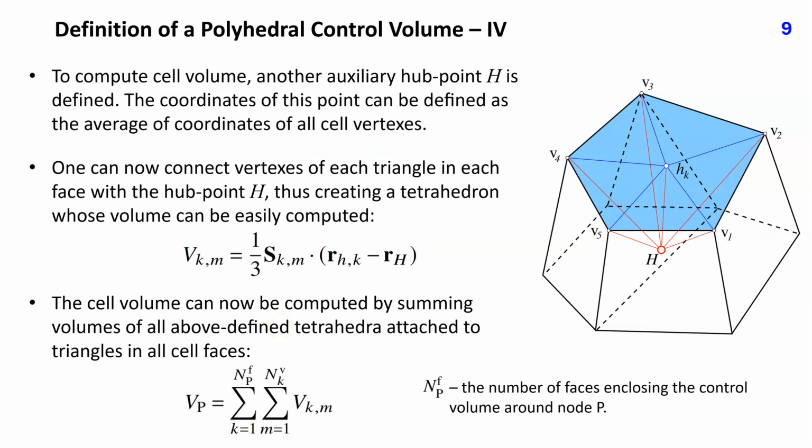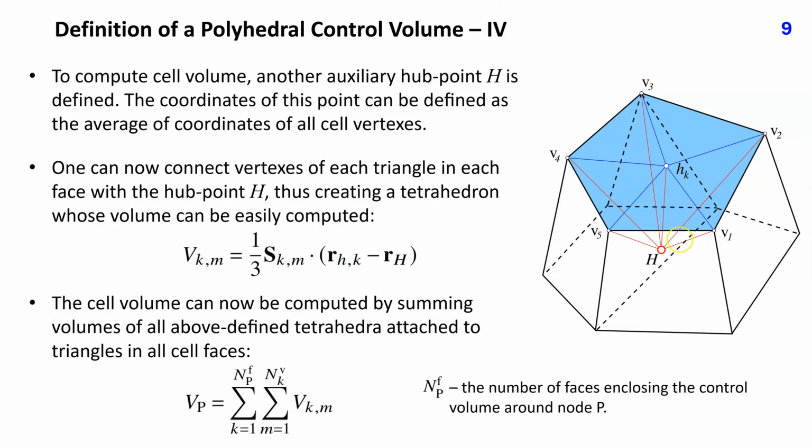To compute cell volume, another auxiliary hub point H is needed. The coordinates of this point can be defined as the average coordinates of all cell vertices, but any other position within the cell would also work.